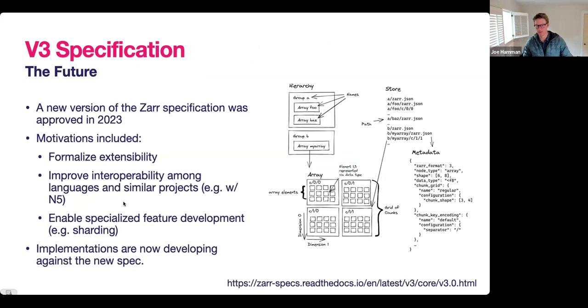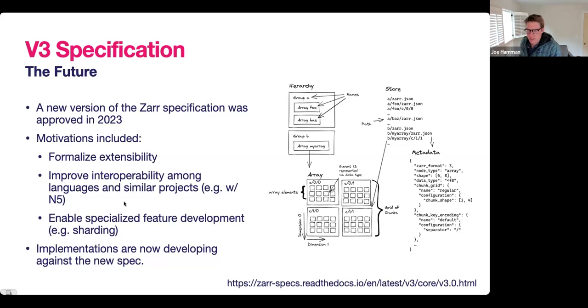All right. So speaking of the spec, Zarr V3 is really the future, and maybe we don't need a Zarr V4 in terms of the spec. It was really designed to be extensible in many ways. In 2023, the project approved the V3 spec. Implementations are now developing against that new spec.